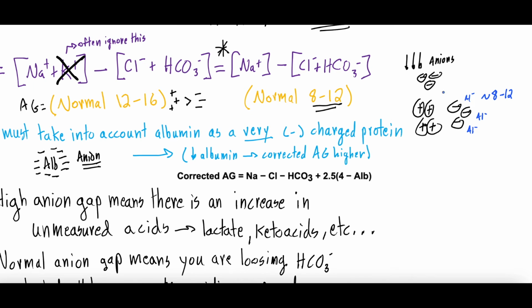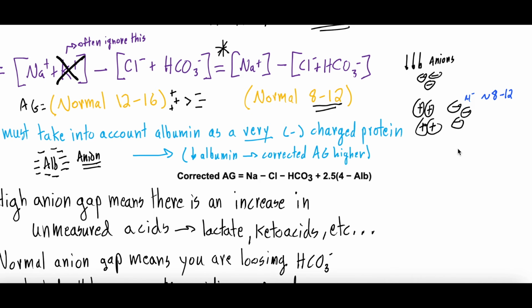Well, if it's 8 to 12 but you have low albumin, so you only have 1 albumin floating around, that is telling you that you have another molecule present that is compensating for that low albumin. So essentially, there's something else here compensating for the albumin not being around, making the anion gap look normal even though it is not.